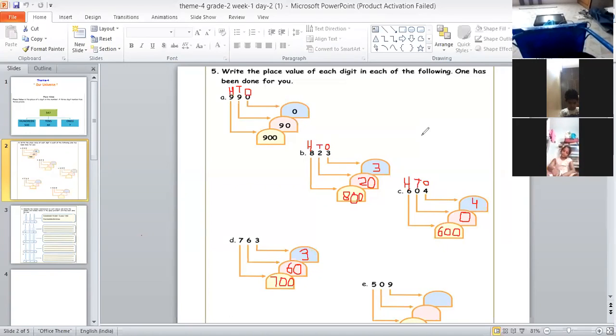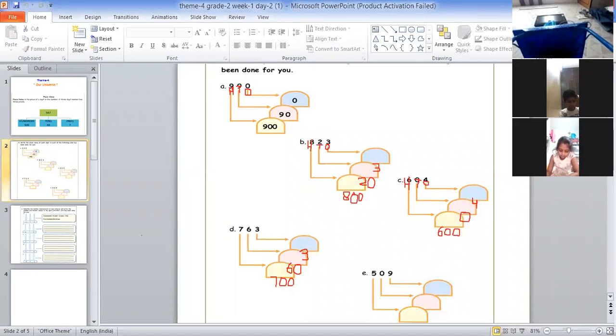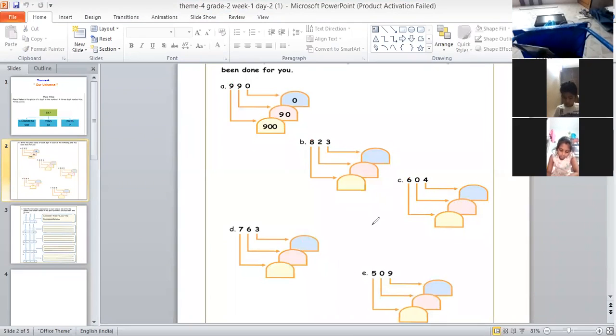5 is in which place? Nitya, please tell me the place. Hundreds place. Yeah, 5 is in hundreds place. So after 5, how many zeros? 2 zeros.